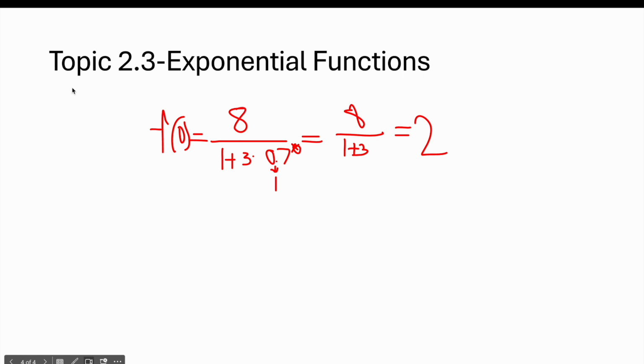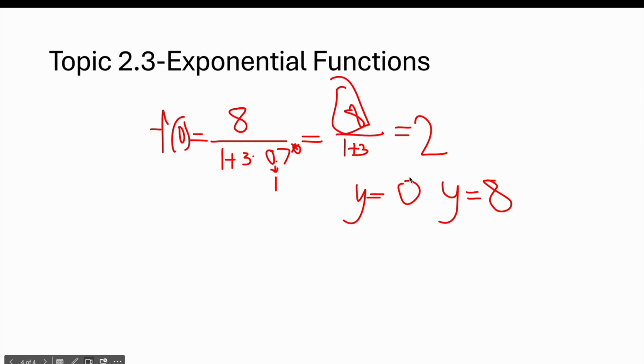They would also ask you to find horizontal asymptotes. Horizontal asymptotes would be y equals 0 and the limit to the growth, which is y equals 8.